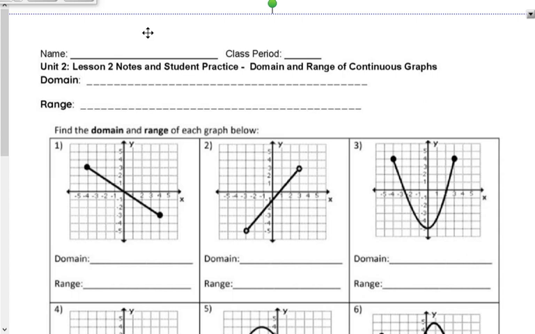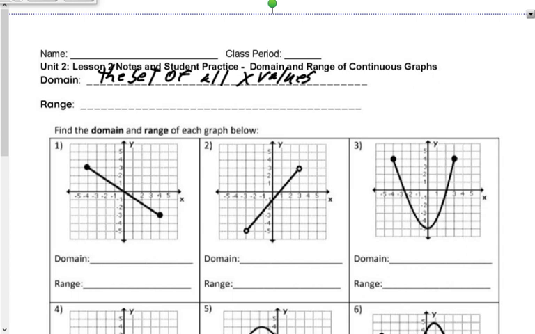First we need to remember what the domain is. Your domain is just the set of all x values.